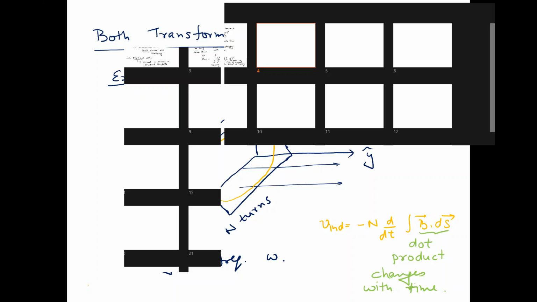My B dot ds is now low. So B dot ds is going to be different. Not only is the value of B changing, but the surface normal keeps on taking different angles, so the dot product of B and ds also keeps on changing with time. I need to be able to account for that.